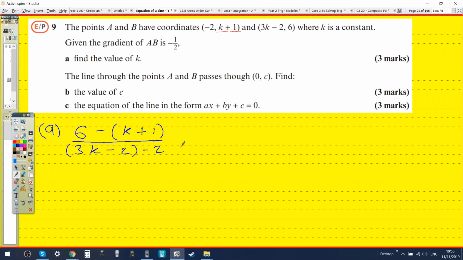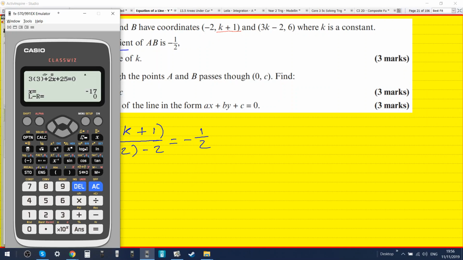And so, you don't have an equation yet? Sorry, equals, is that not the gradient to figure out k? Oh, equals minus a half. Yeah. So try putting that in your calculator.